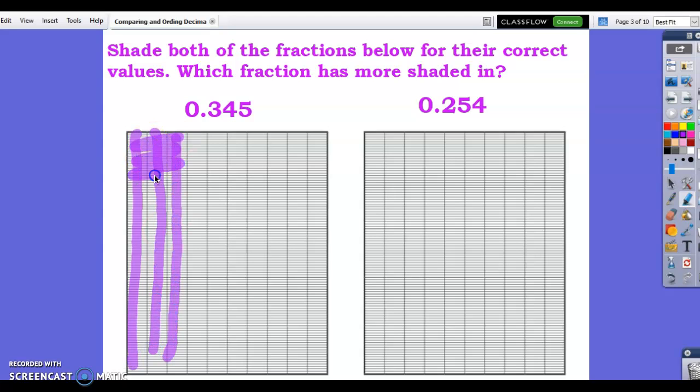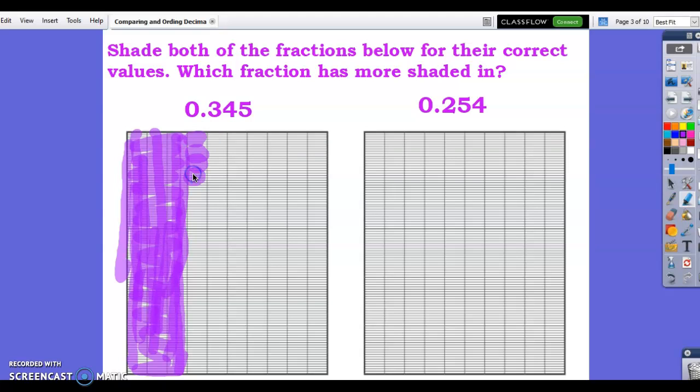Again, for me, it's harder to shade in all of it because of my highlighter tool on here. But you're shading in all three of these for 3/10. Then you have 400ths, so you count them out: 1, 2, 3, 4. And then it is that very last part for the 5, for 345. Then you're looking at the next one.